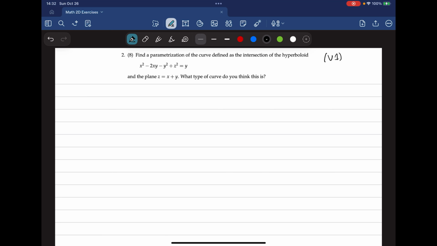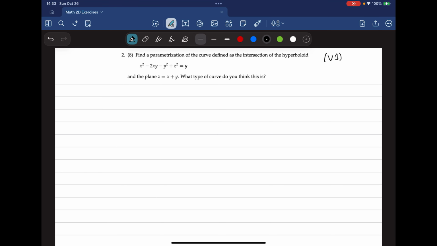Generally, when I see this equation right here, it's not immediately clear to me what a good parameterization might be. One thing that's helpful, it's not guaranteed success, but it can be helpful in many cases, is to just plug in the points and see if we can find some equations relating the coordinates at that point.